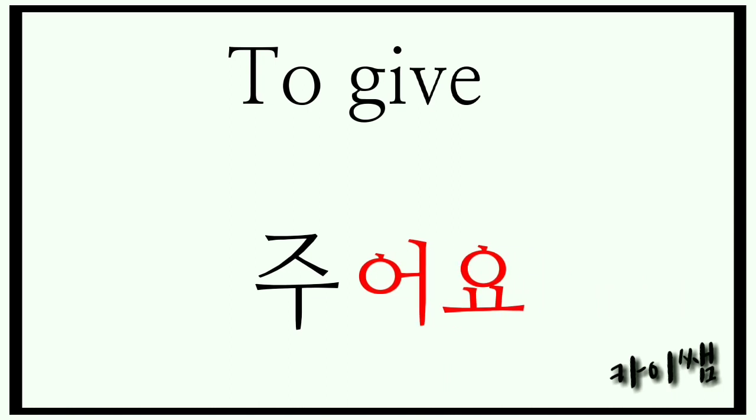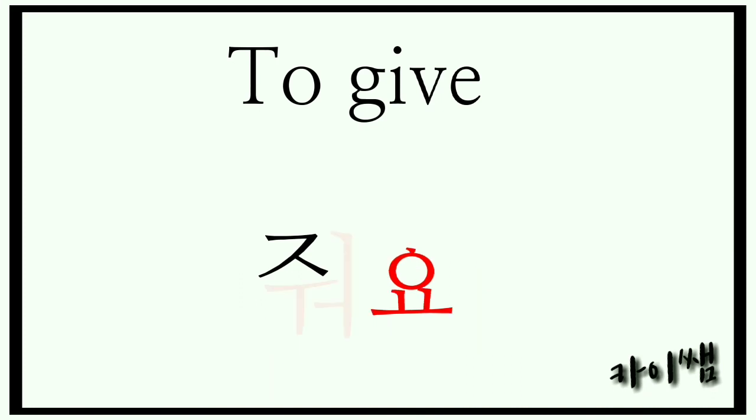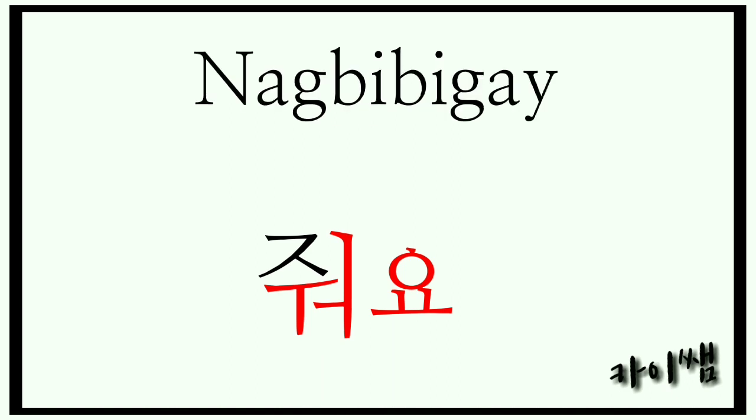So, now it will become chu-oyo. And in this case, nakakita ulit tayo ng dalawang vowel na magkasunod, which is the U and O. So we will combine them and they will become wo. So now it will become choyo.